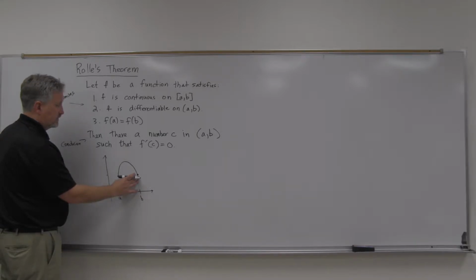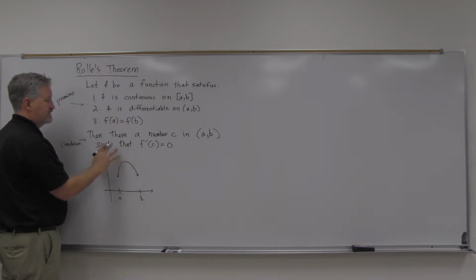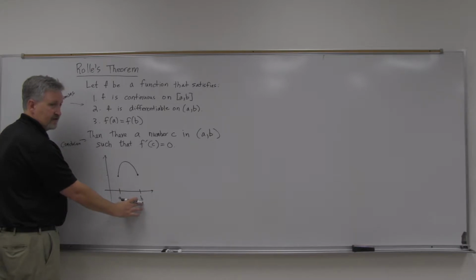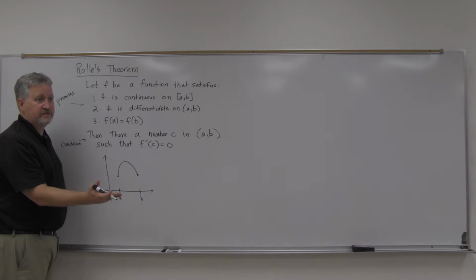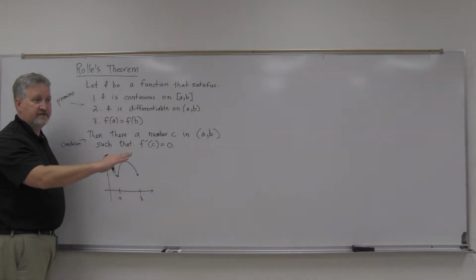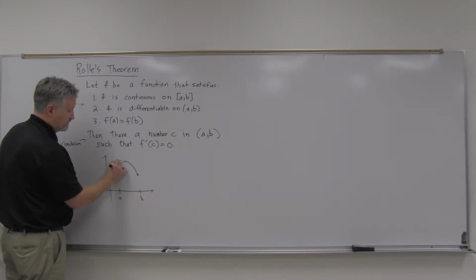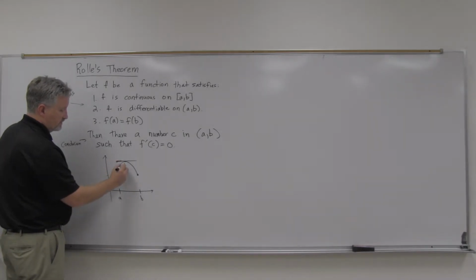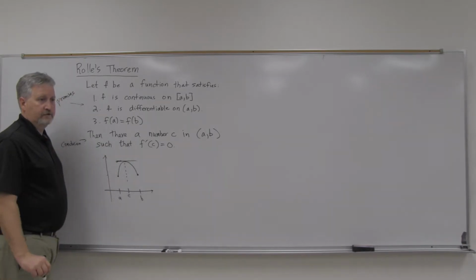That's the premises. Now, the conclusion says there's some c value in a to b such that the derivative equals 0. Well, the derivative equals 0 means what? Horizontal tangent. And so we've clearly got a horizontal tangent, for mine, right there. That's our c value that comes up in that conclusion.